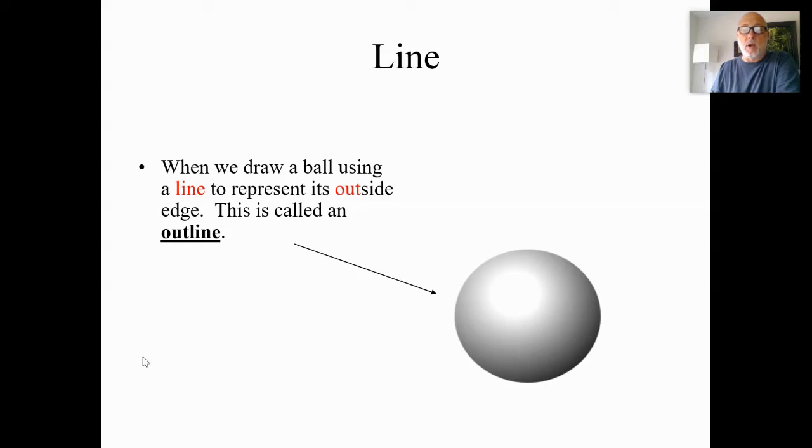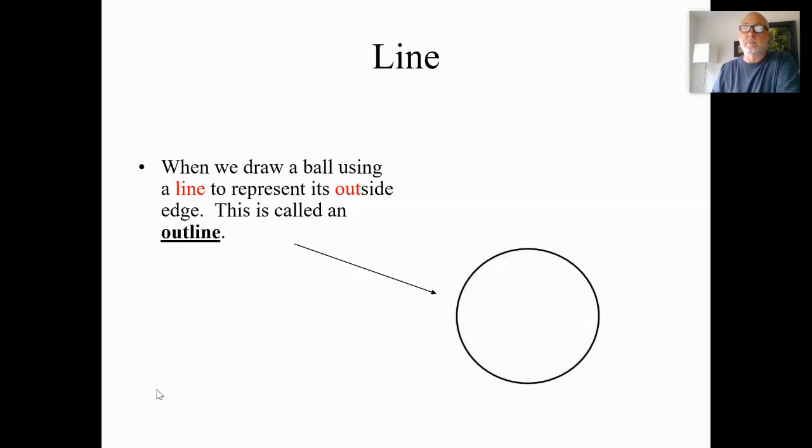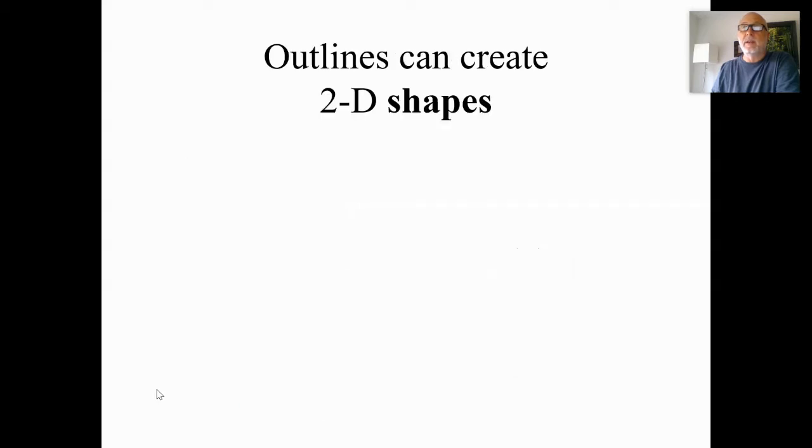When we draw a ball using a line to represent the outside edge, we would call that an outline. Lines that go around a shape are called outlines, and outlines create two-dimensional shapes.